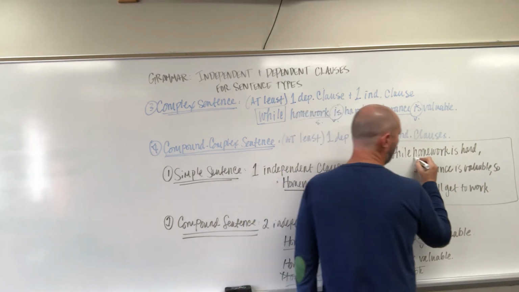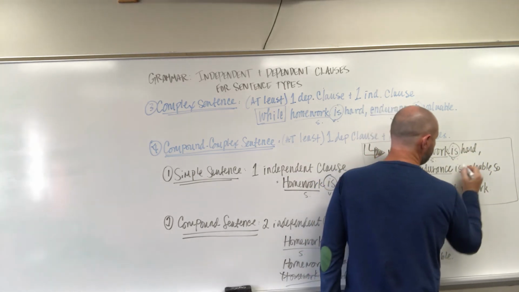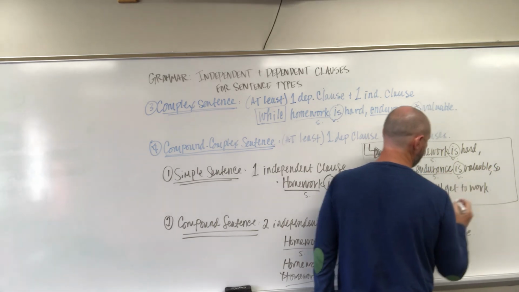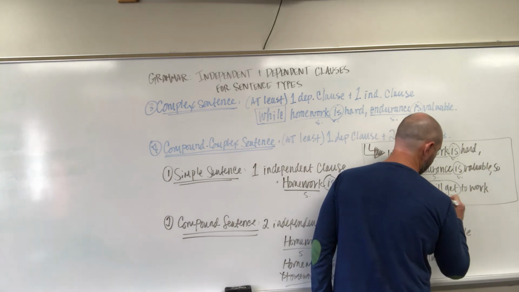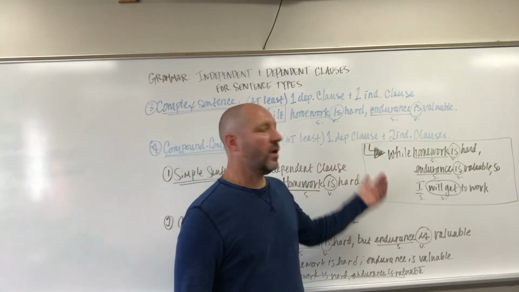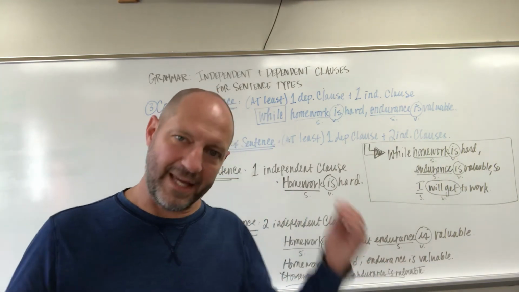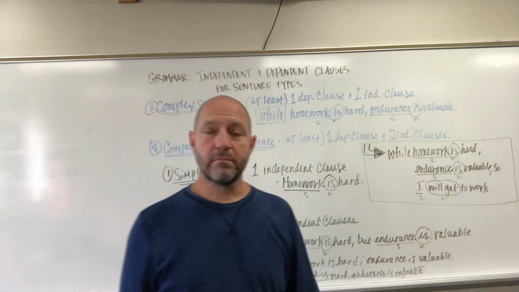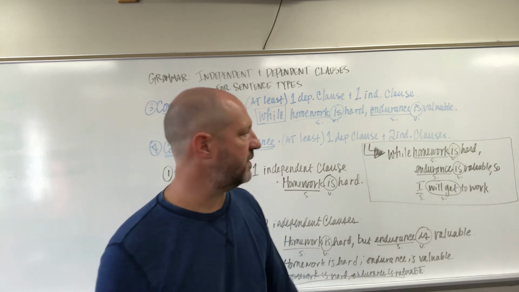So, while homework is hard, subject, verb, endurance is valuable, subject and verb, okay? I will get, subject and verb. All right? So, while homework is hard, that is a dependent clause. It cannot stand on its own. Endurance is valuable. That is a sentence on its own, subject and verb.